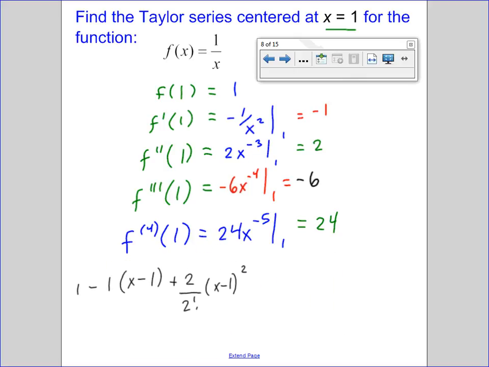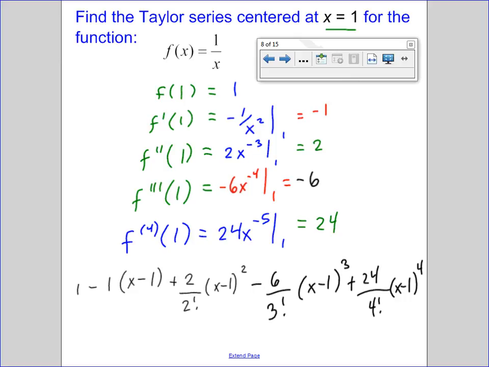Let's keep it going. Next up, minus 6 over 3 factorial, quantity x minus 1 to the third. One more, plus 24 over fourth order, which would be 4 factorial, or n factorial, times quantity x minus 1 to the fourth.